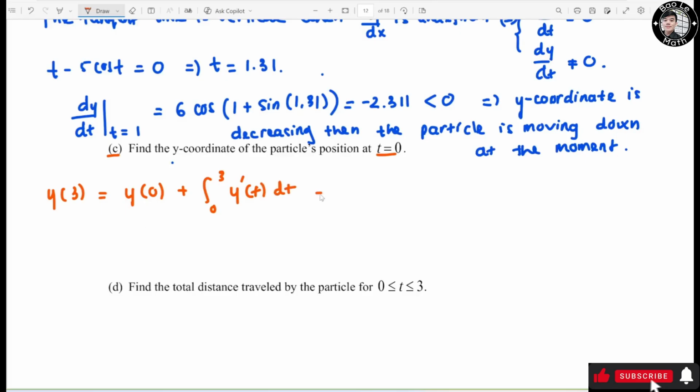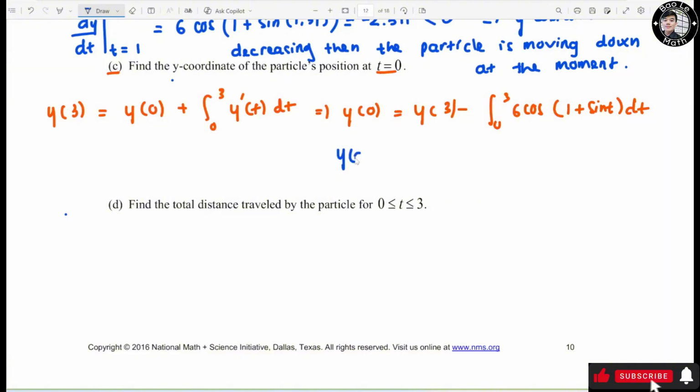So y of 0 equals 2 minus the integral from 0 to 3 of 6 cosine of 1 plus sine t dt, right?